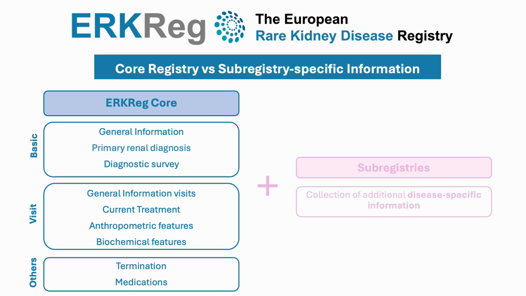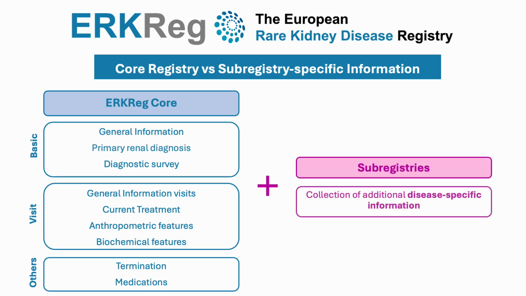Each subregistry builds on this core by adding further disease-specific information. These additional variables may appear within basic data, visit data, the medication section, or in dedicated subregistry-specific modules. Therefore, when a patient participates in a subregistry, the ERKReg Core data should continue to be kept complete and up-to-date together with all additional information required for the specific subregistry.